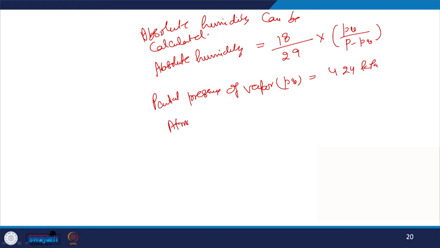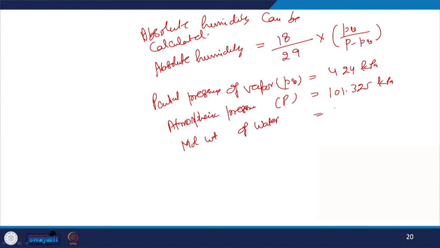The atmospheric pressure P, quite obviously, is 101.325 kilopascal. The molecular weight of water is given as 18, and the molecular weight of air is 29.